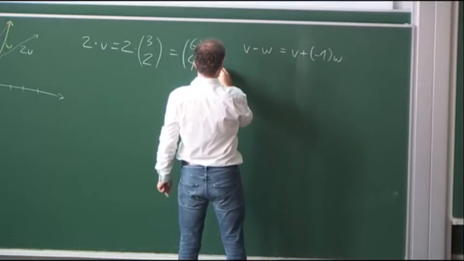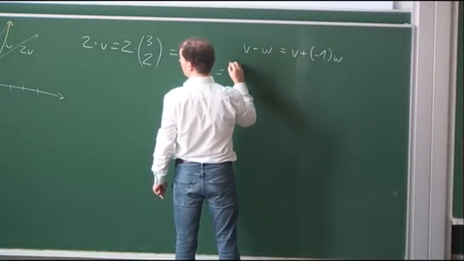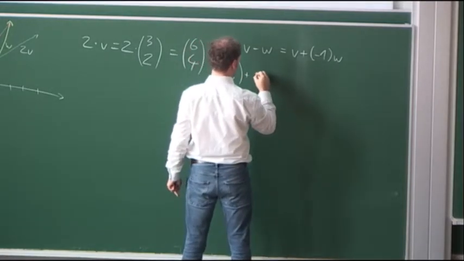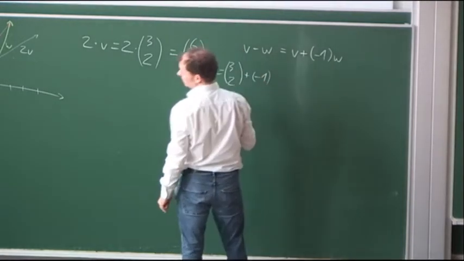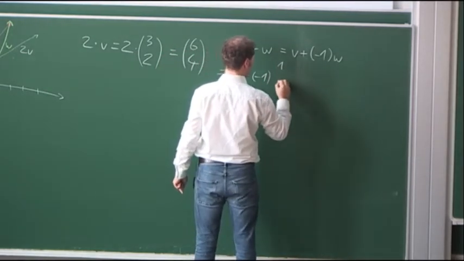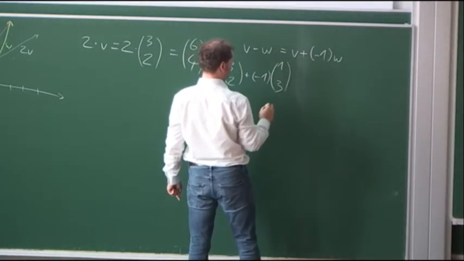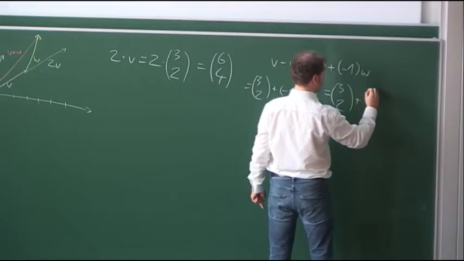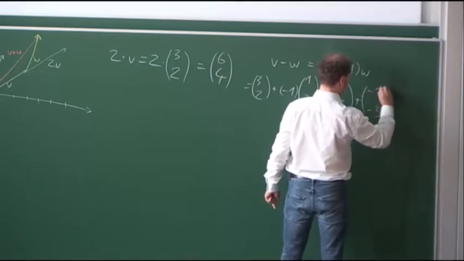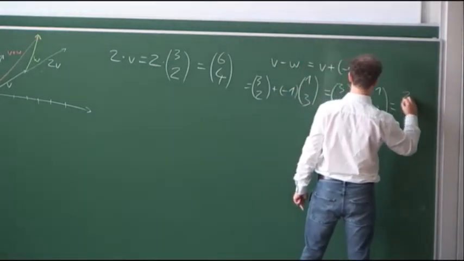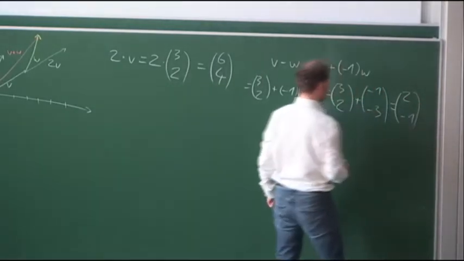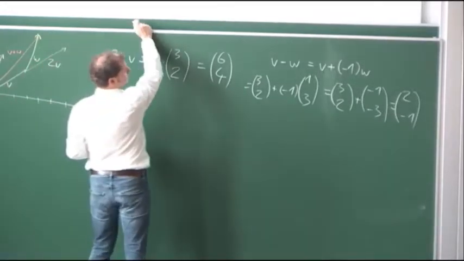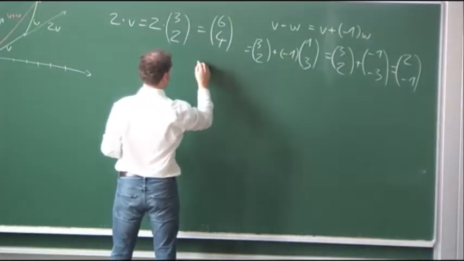So v was 3, 2 plus negative 1 times w, 1, 3, which is 3, 2 plus negative 1, negative 3, which is 2, negative 1. Maybe I just replicate this image here.